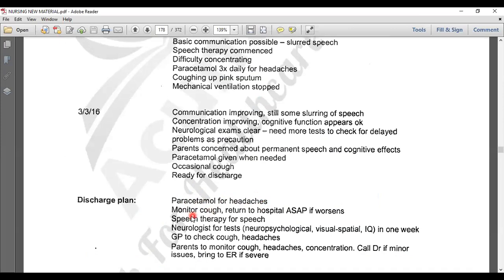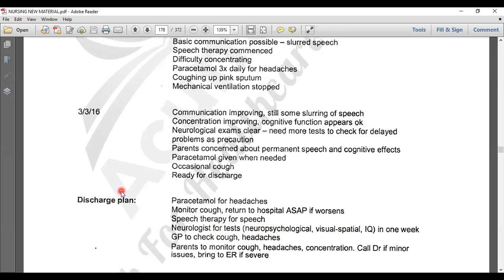She has to return to the hospital if she has cough. Speech therapy is to be continued. Neurologist is going to conduct further tests. I have not given the name of this test because again it is the neurologist who is going to conduct it. So this is not the purpose for writing a letter to the GP. But the GP is mainly to check cough and headaches.